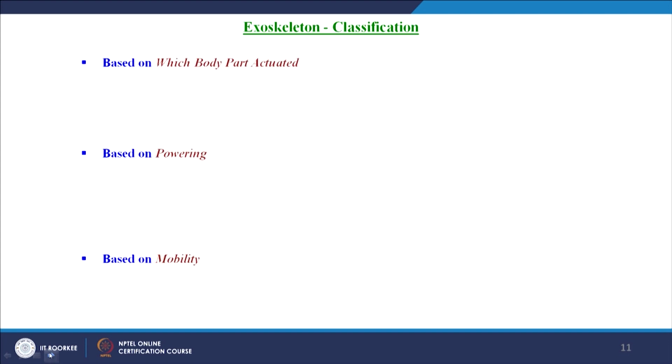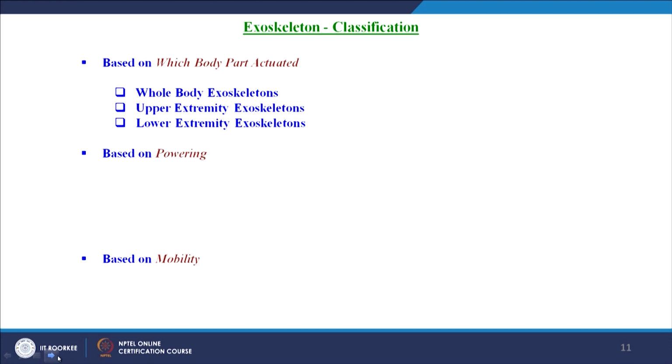Now, coming to the classification of exoskeletons. First, the classification is based on which part of the body is actuated. Accordingly, it can be classified into whole body exoskeleton if the full body is actuated, and if the upper body, that is the torso, the neck and the arm, are actuated, then it is called an upper extremity exoskeleton, and if the leg is actuated, then it is called a lower extremity exoskeleton.